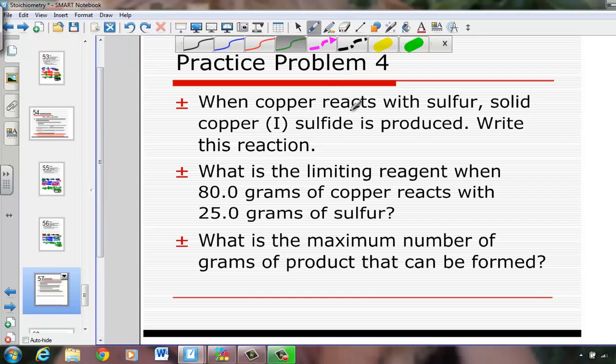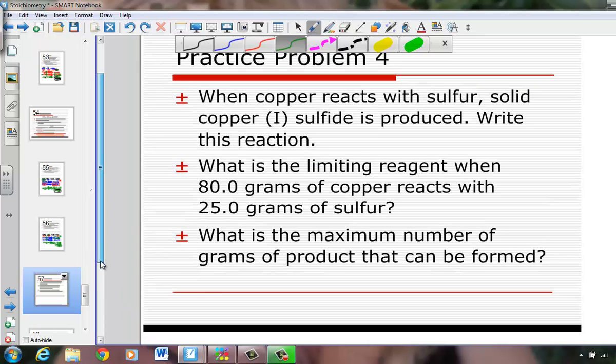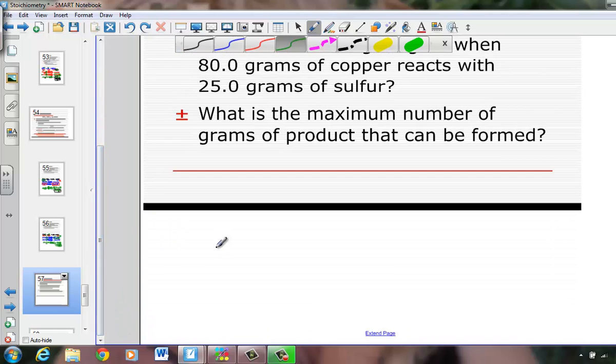If copper reacts with sulfur, solid copper 1 sulfide is formed. Let's begin with that balanced equation. I'm going to give myself room down here. So here I have solid copper, I'll just write that as Cu, reacting with sulfur, forming copper 1 sulfide.